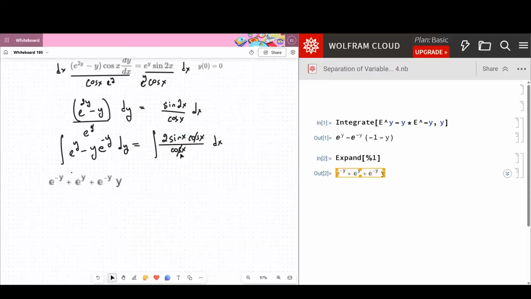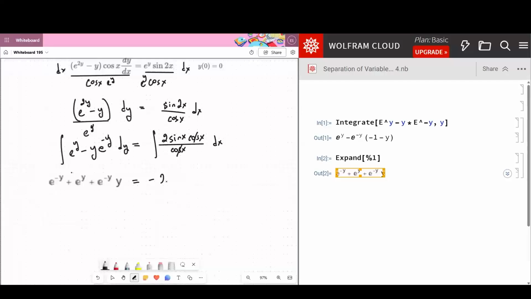As far as the right side, this should be easy, but you would use a similar method to integrate. So we should, of course, obtain -2 cosine of x. Okay, and then of course we have this arbitrary constant.